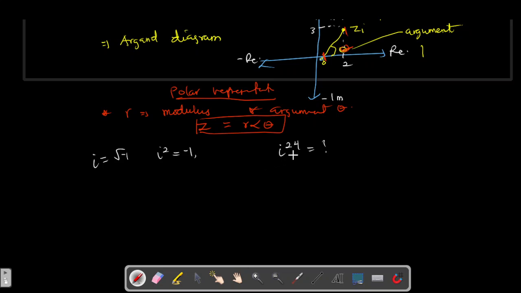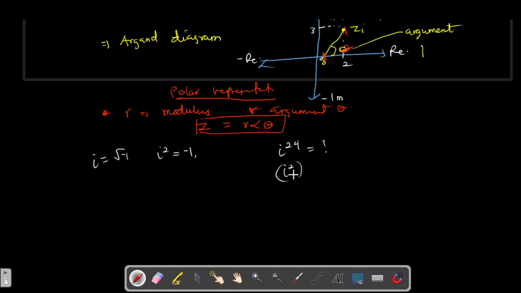So how do I simplify the i operator to the power 24? Whenever they give you this, first factorize, since you know that i squared is -1. 24 is the same as 2 times 12.